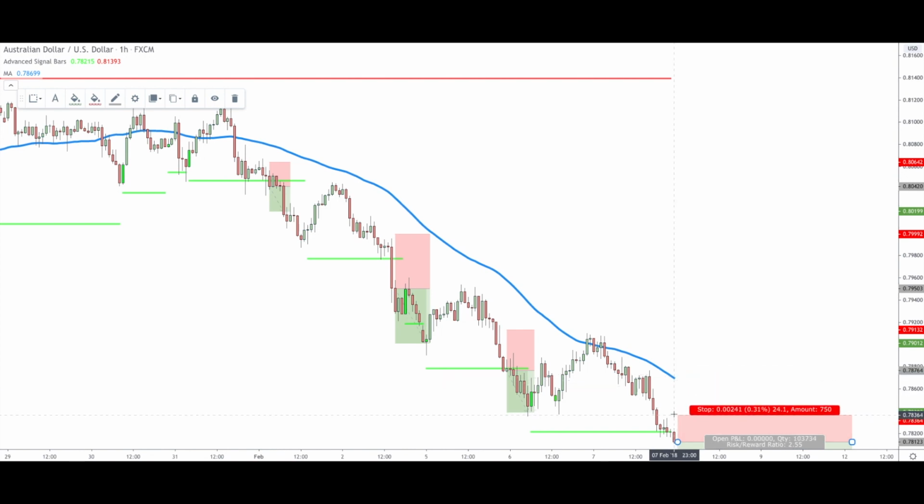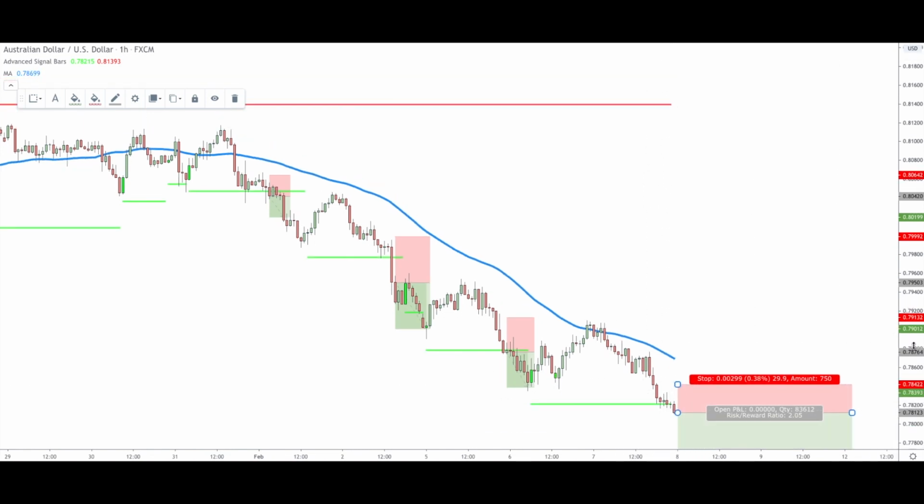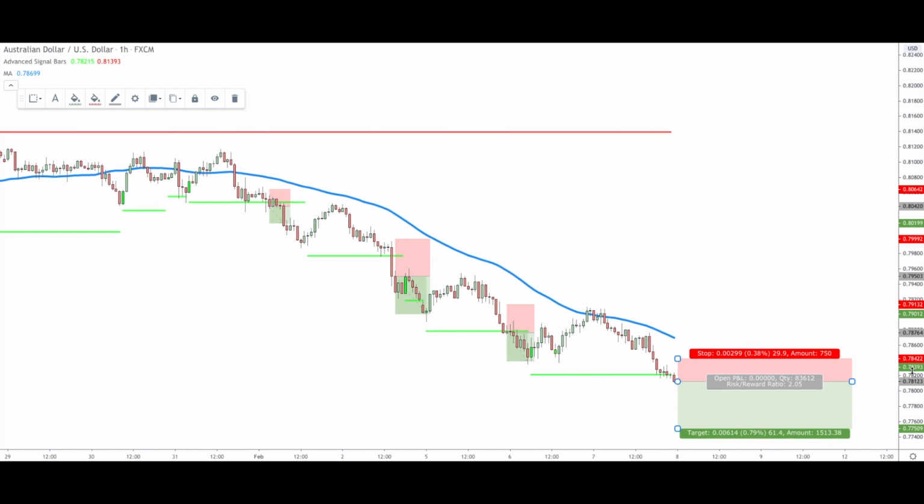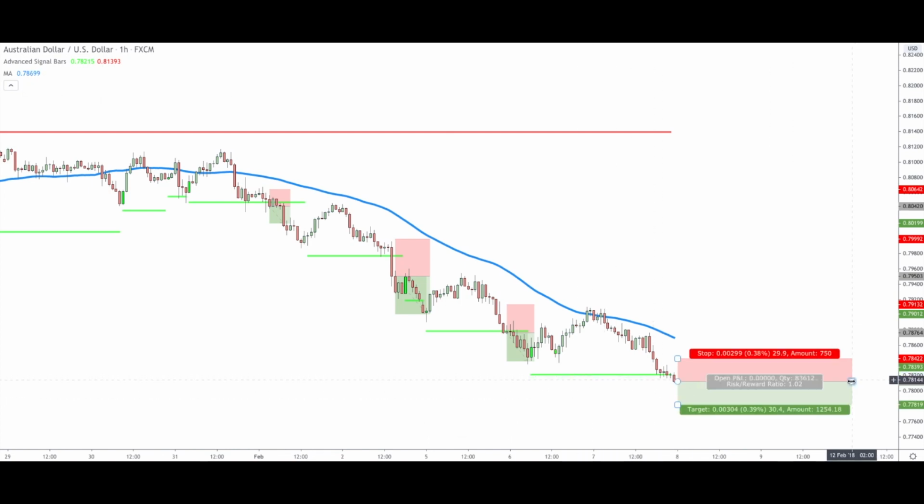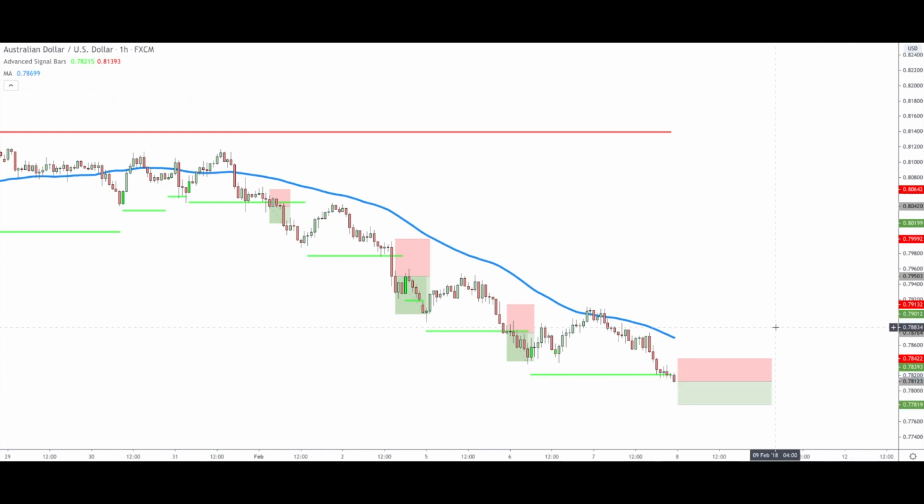I will try to stay a bit high here since we had this kind of weird movement, and the target is going, of course, to be a 1-to-1. Okay, so the trade looks like this, and I'll keep you updated on this one as well.